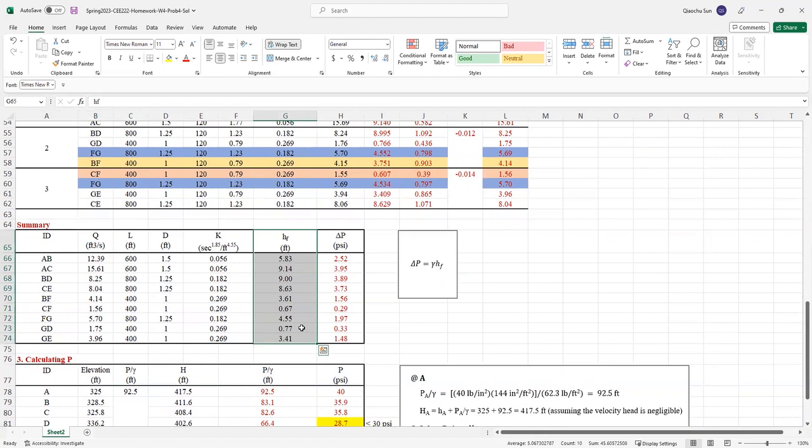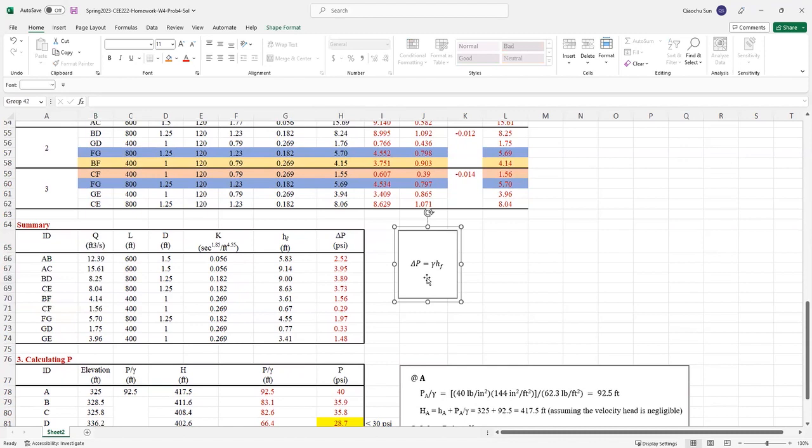Because the problem asks us to calculate the pressure at each junction, we need to transfer the friction loss in each pipe into the pressure drops. By applying the equation, pressure drop equals the specific weight of water times the friction loss.